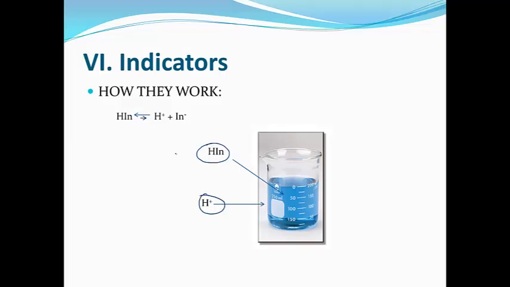Remember our Le Chatelier's principle: if you've got a whole bunch of something, it's going to shift the other way. Because there's a whole bunch of extra H plus, it shifts this way, and pretty much you're only going to have the molecule. Very little, if any, of this anion, which is the different colored stuff.